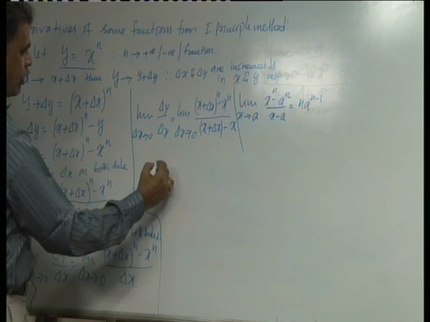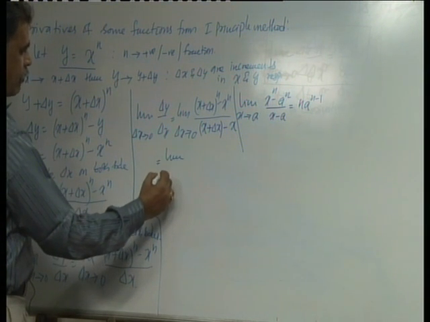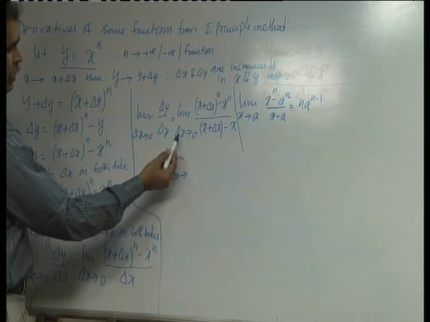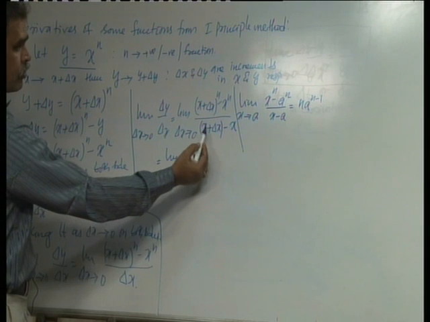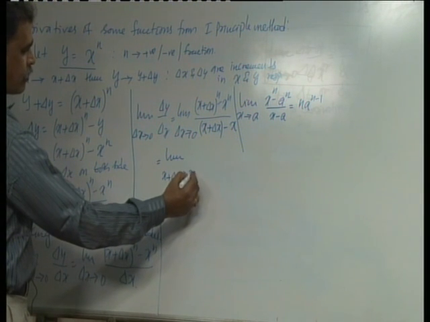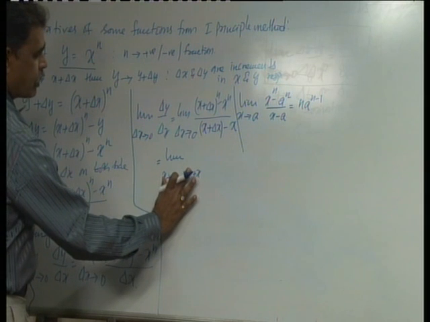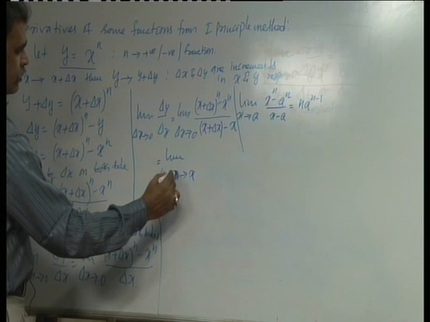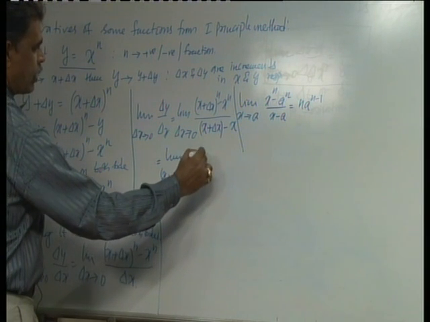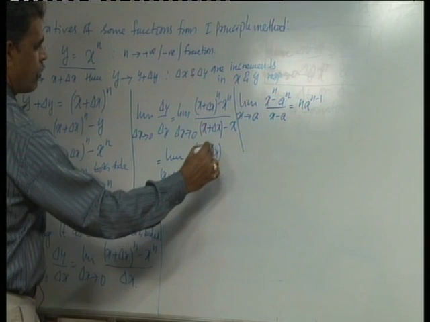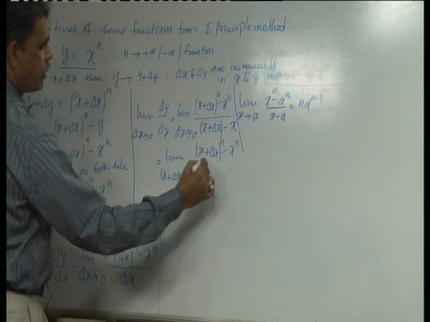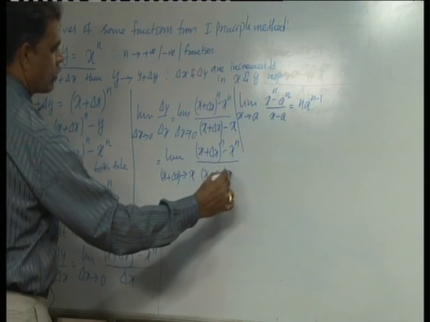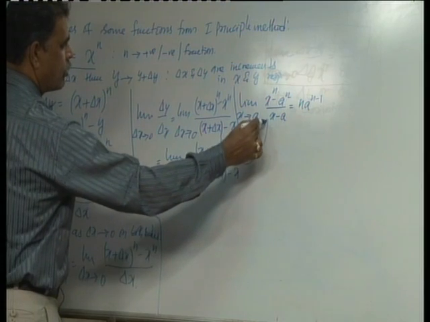For that, I will add x on both sides. I am adding x to delta x and 0 to x, 0 plus x becomes x only. So, as x tends to a of (x plus delta x) to the power of n minus x to the power of n divided by x plus delta x minus x, exactly it is of this standard form.